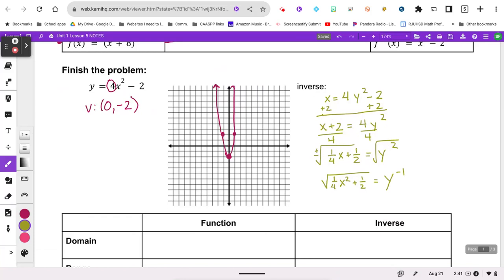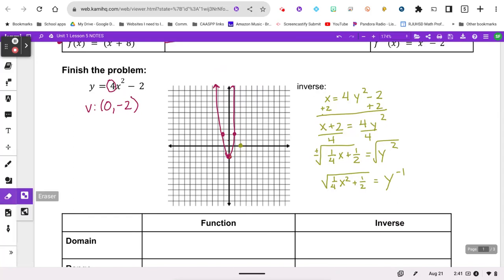Now the nice thing is, because we are doing the inverse, you could go straight to Desmos and plug in this equation, but we know this point right here is 0, negative 2. So if we flip it, it would be negative 2, 0. And this other one is 1, 2. Oh, sorry.